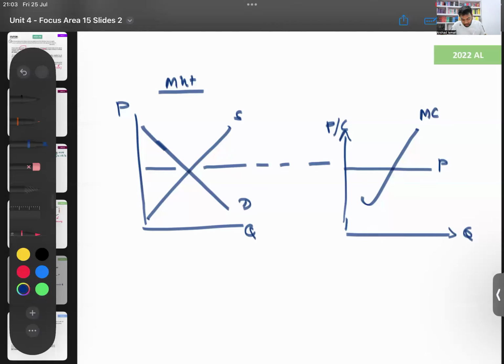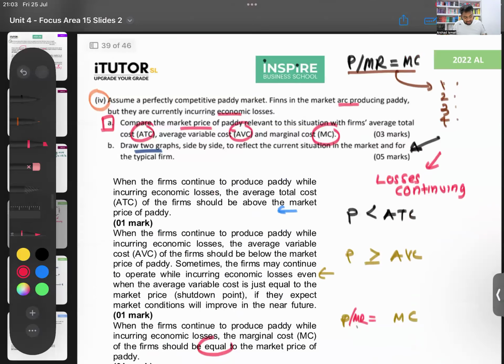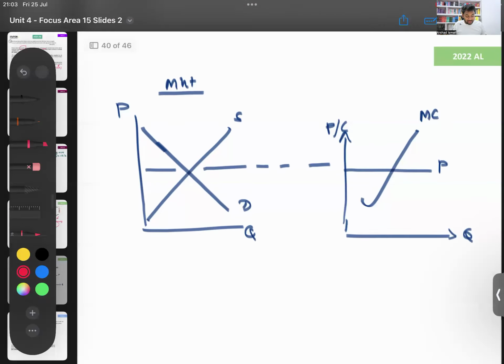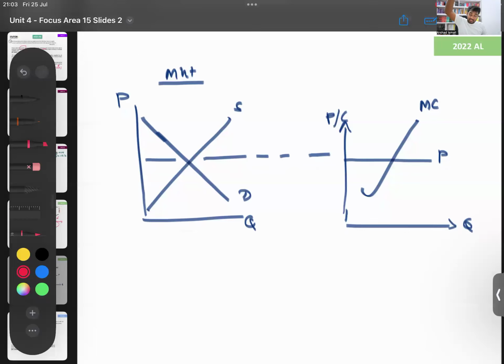Now, you tell me, where should the average cost come, based on what you have written here? If the firm is making a loss, the average cost should be higher. That's why you're making a loss.